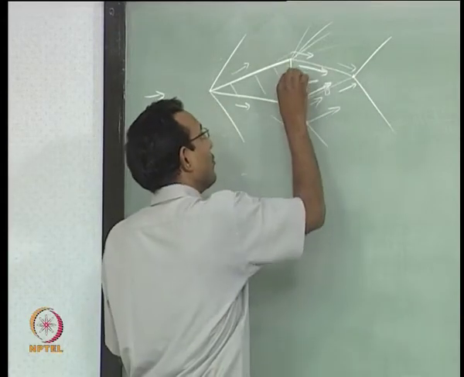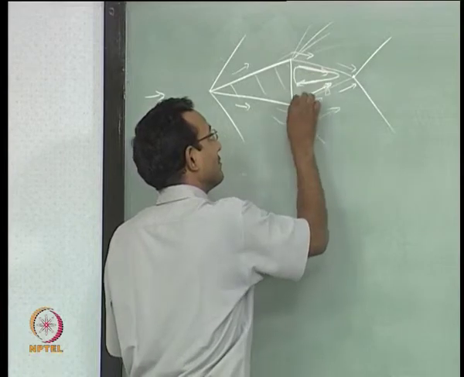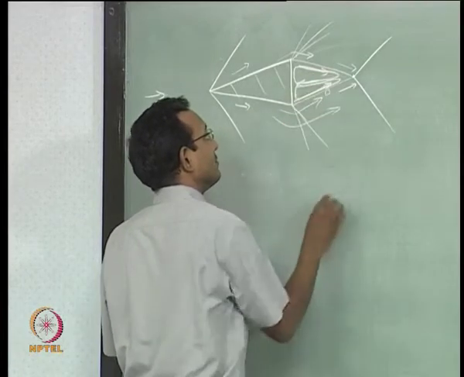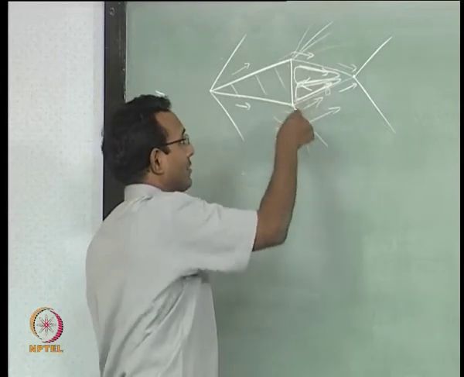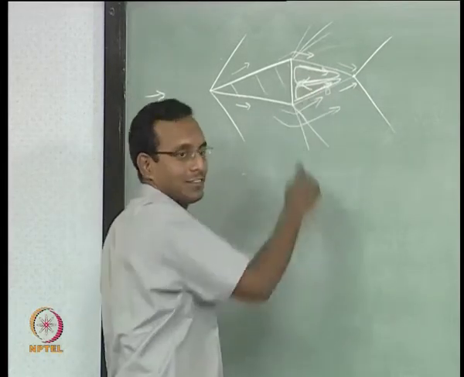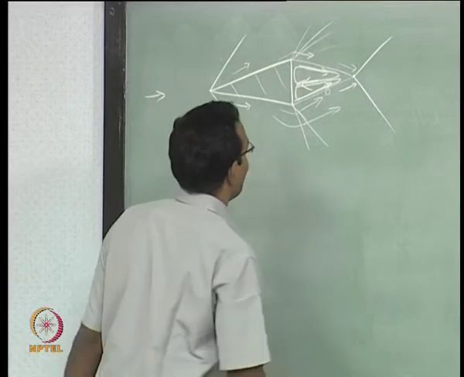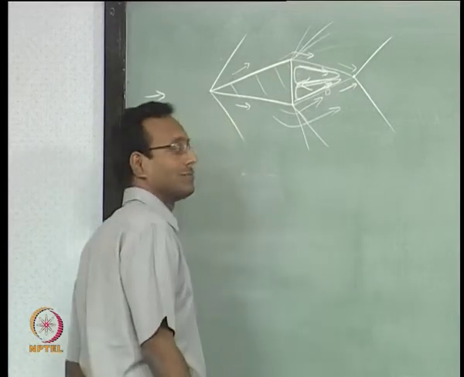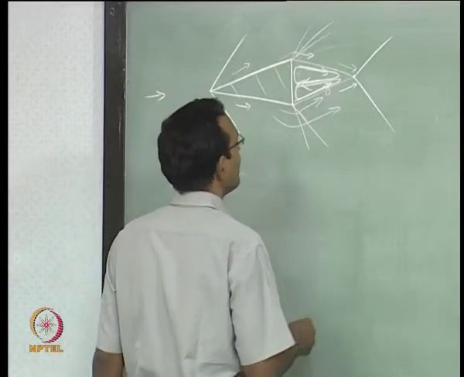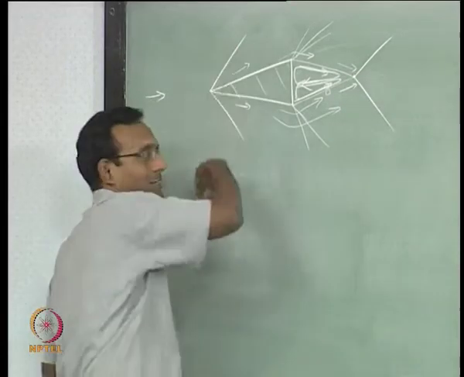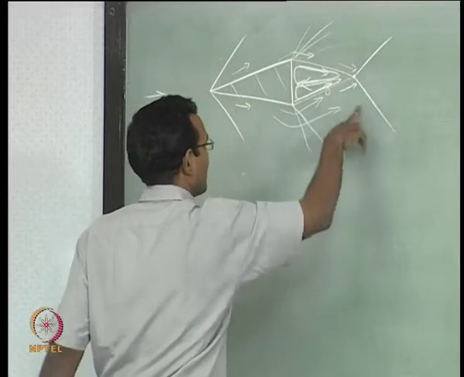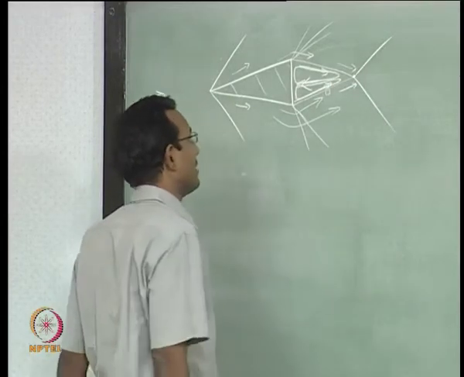So, your whole flow field will look like this. There will be a recirculation zone, double recirculation zone sitting inside that. This is the kind of flow field you will have at the end of this. Now, of course, after this the flow is just going to go straight because I am assuming symmetric here. In this case, they are symmetric shocks, everything is symmetric.